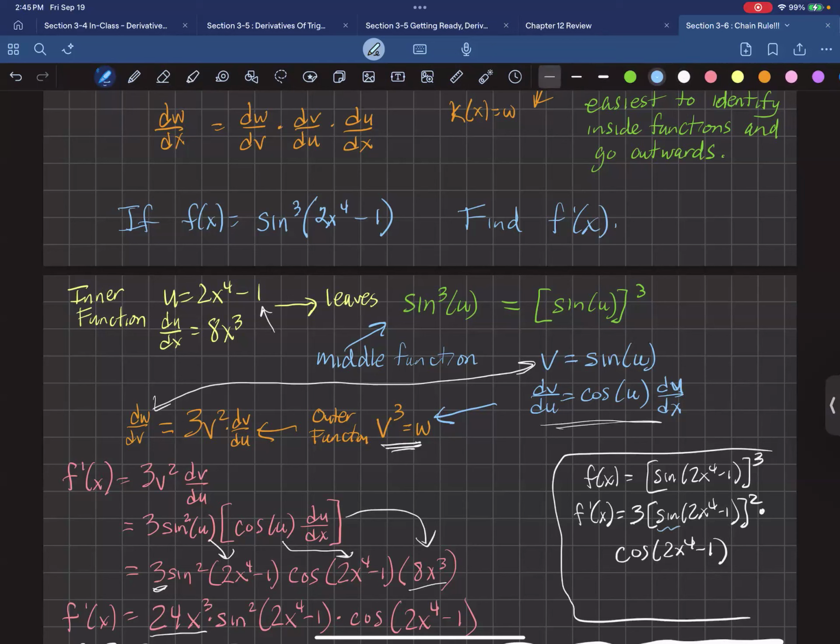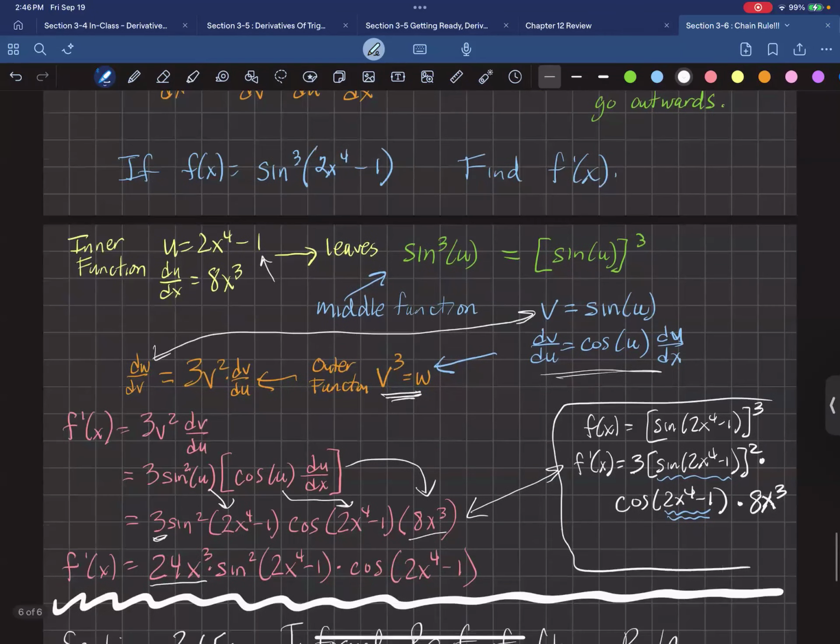That's my inside there. Then I've got another inner one. So I multiply it times the derivative of that, which is 8x cubed. So I keep working from the outside inward until I don't have any more inner parentheses. And you'll notice this looks like this without all the extra steps. But until you're comfortable doing that, and that's going to be a while, especially for something like this, I suggest you write out the steps like I had over on the left.